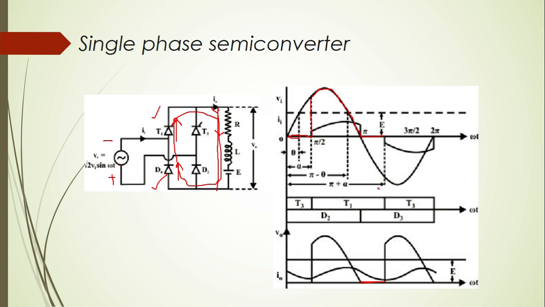At pi plus alpha, T3 is triggered. When T3 starts to conduct, T1 becomes reverse biased.